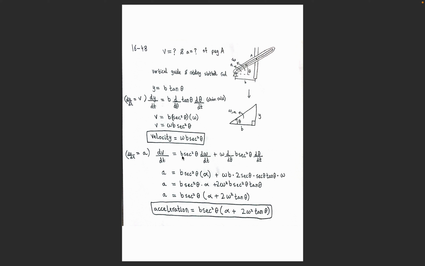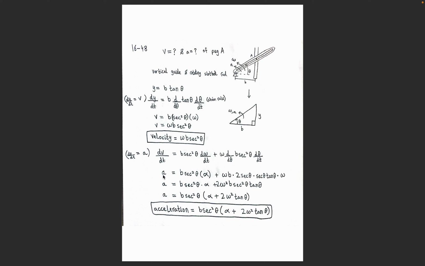So we differentiate omega with respect to t and b secant squared theta remains as it is. Then we add omega as it is, and differentiate b secant squared theta. Similarly to before, we use the chain rule for secant squared theta, and there will be d theta over dt here.